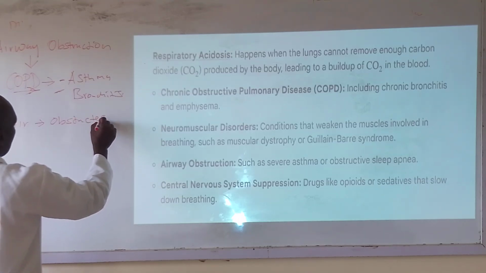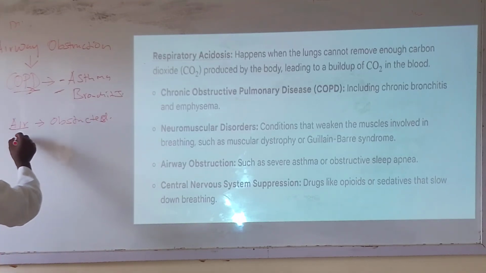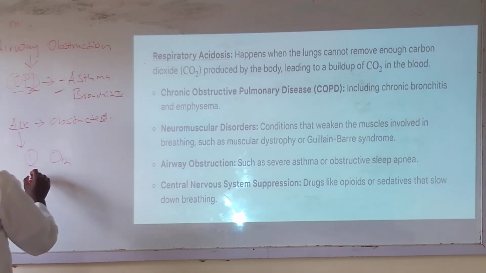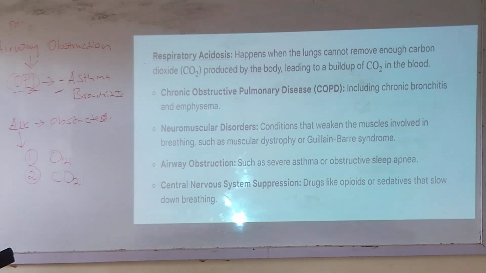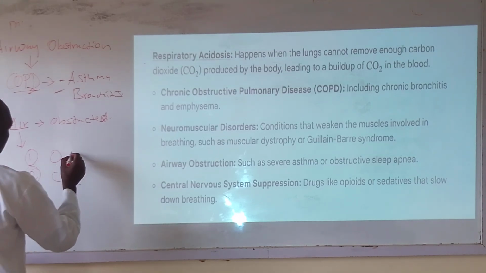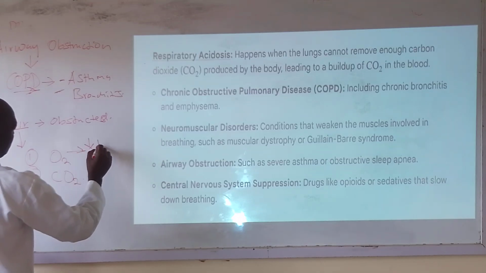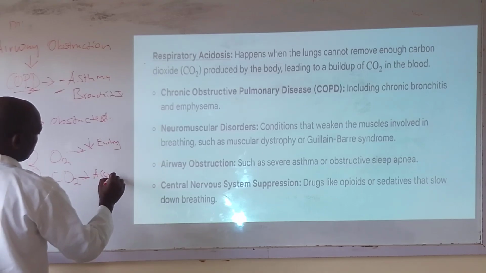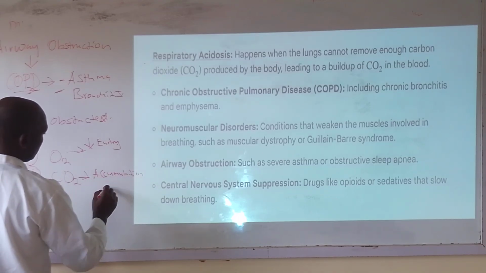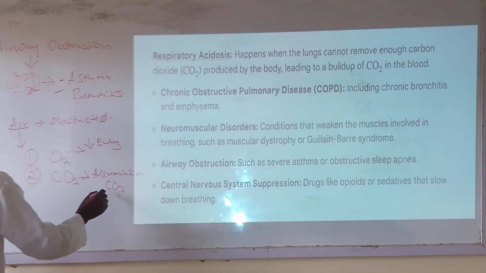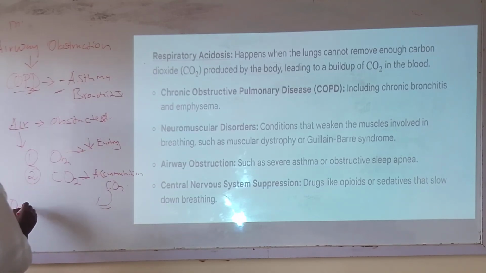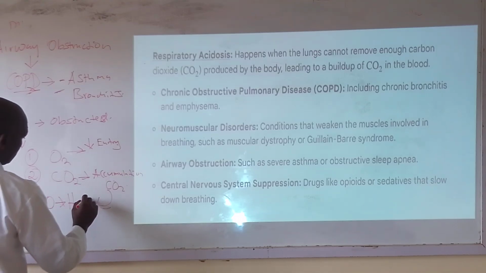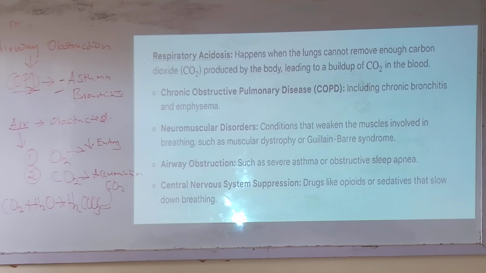And in this air, the gases that we are concerned with are just two. One is oxygen, and the second one is CO2. So meaning there will be reduced entry of oxygen, and there will be accumulation of CO2. And remember we said CO2 plus water, you get weak carbonic acid.